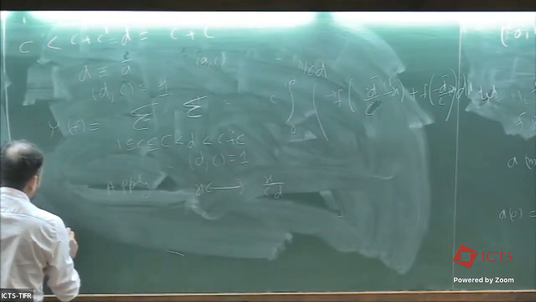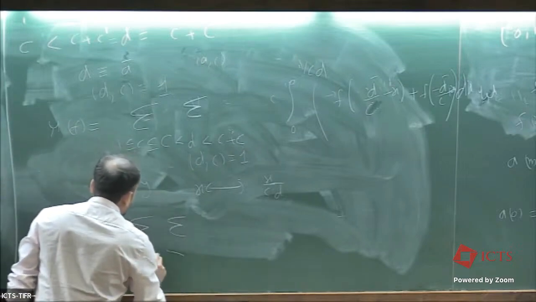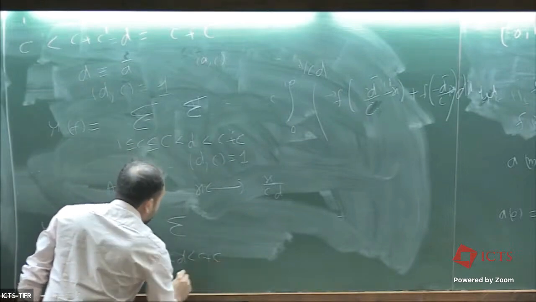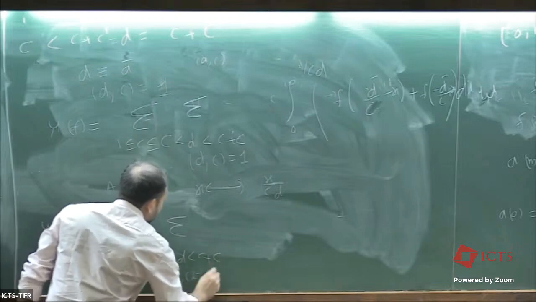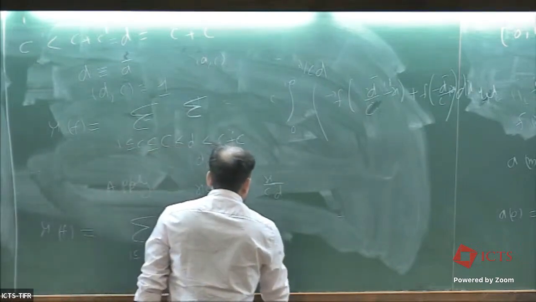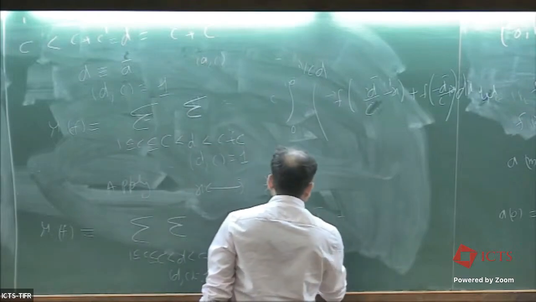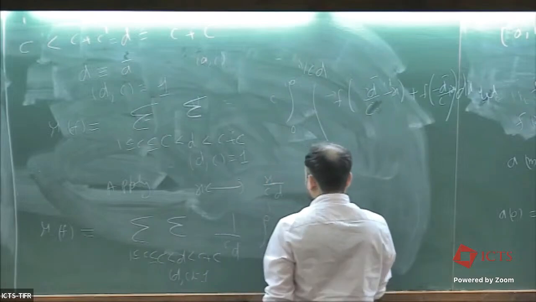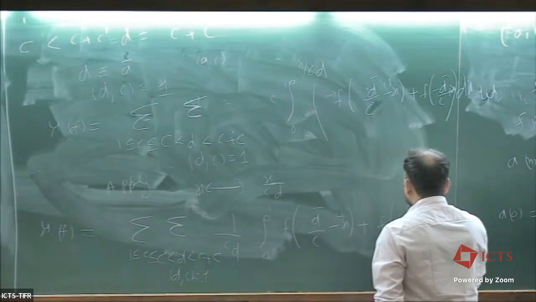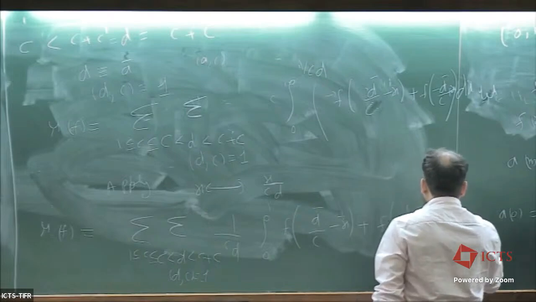We obtain mu of f as this one, keeping it as it is: summation 1 less than or equal to C going up to capital C, D bigger than capital C, less than or equal to C plus capital C, D co-prime with C. Now you get 1 by C D and integration from 0 to 1 of f of D bar by C minus x plus f of minus D bar by C minus x dx.